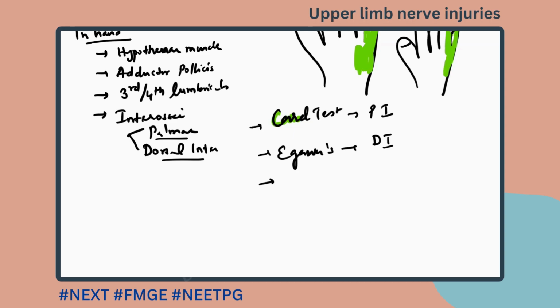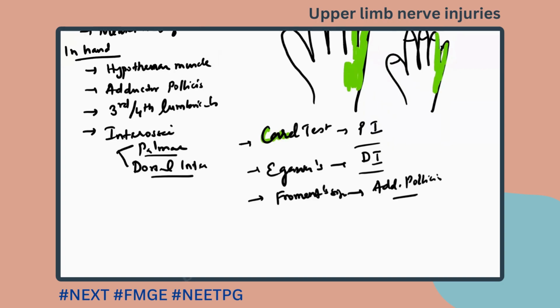The last one is Froment's sign, to check the adductor pollicis muscle. I'm just highlighting only the important tests. I'm not going through each and every muscle. These are important exam points.